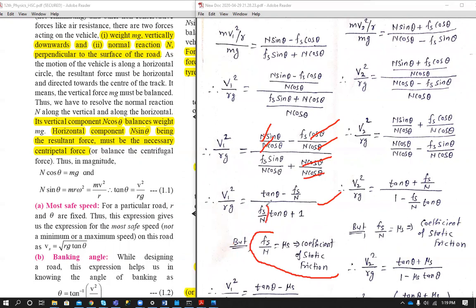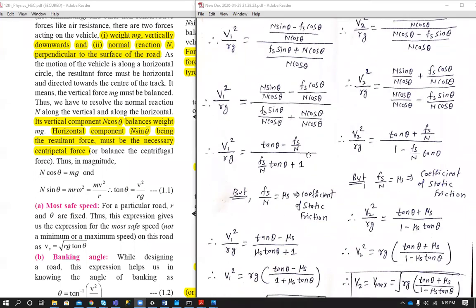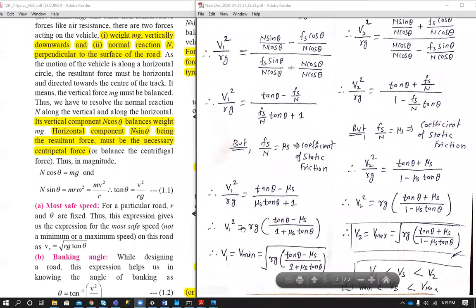So just replace this fs by mu n. Now rg will go on the right hand side with v1 square, so take the right hand side in a square root.